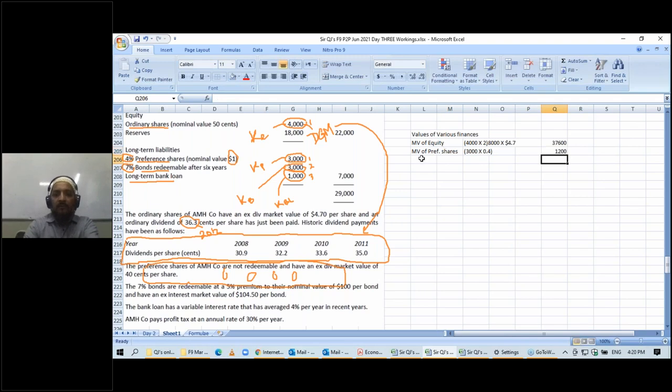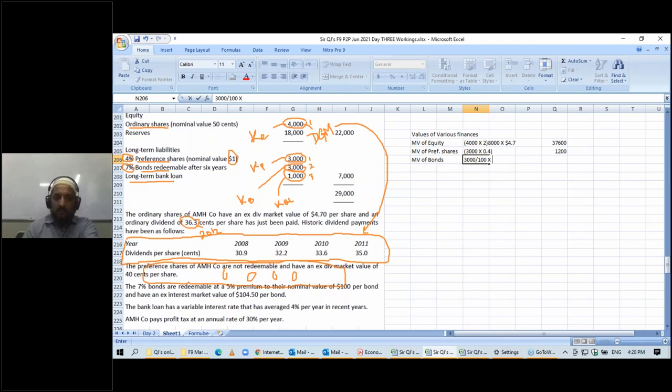After the market value of preference shares, we calculate the market value of the bonds. For the bonds, in the statement of financial position, they have given you 3,000, right? But each bond is of $100. So by dividing by the $100 face value, you get the number of bonds. 3000 divided by 100 makes 30 bonds, which you multiply by the market price.